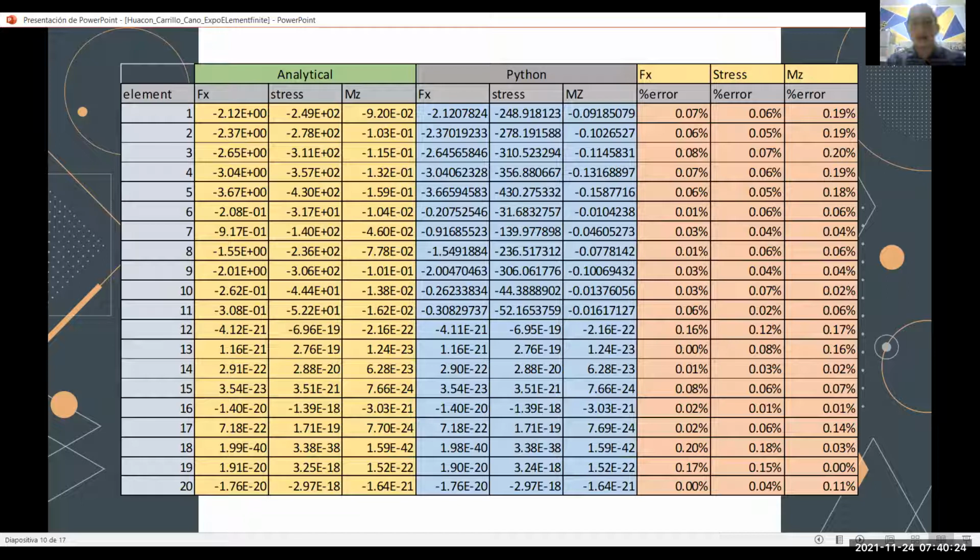We have a summary table where we make a comparison of the analytical method and the one using Python, checking as a reference the deformation, force and moment, and we verify that the error does not exceed 1%.